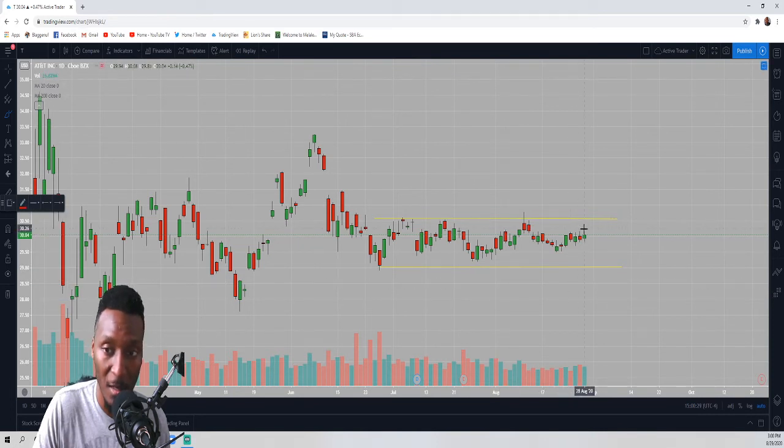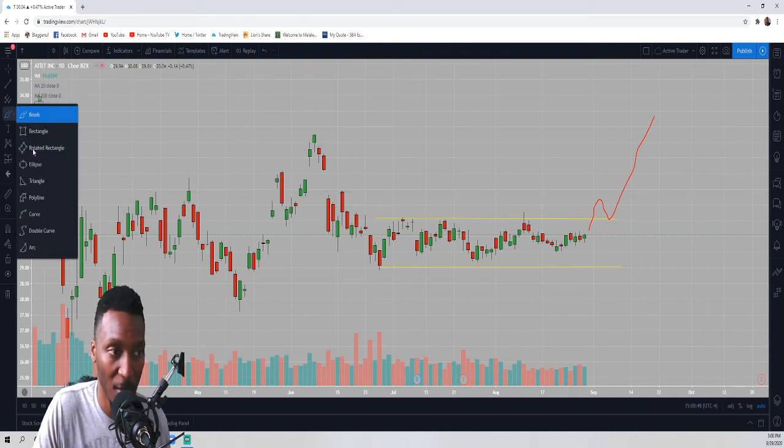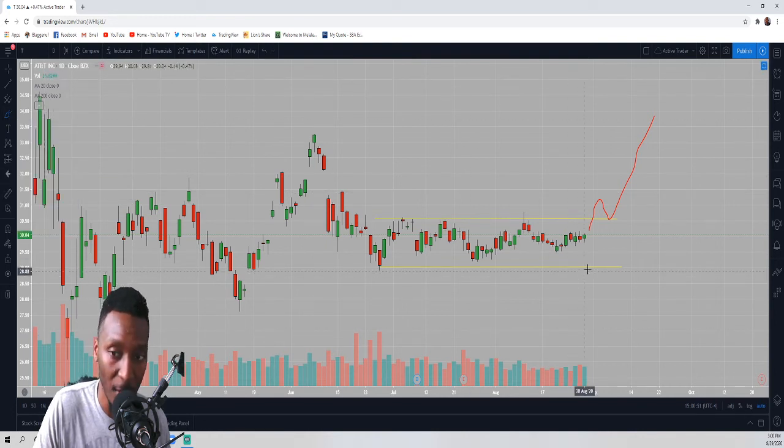So you'll either get something when it pops here, or you'll get something where it comes back and tests this range, and then boom. Or either it'll come down here, test it, boom.